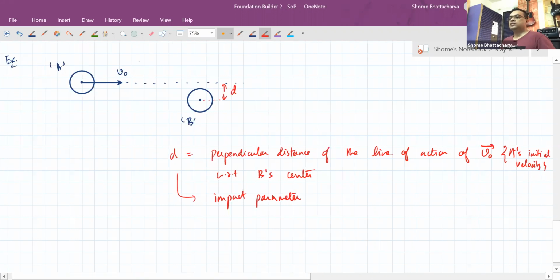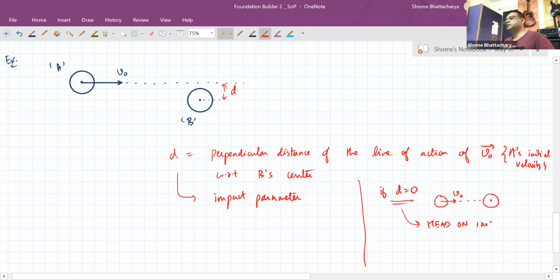So basically you can understand that if the impact parameter is equal to 0, then that would be the case of a perfectly head-on collision. D equal to 0 implies head-on impact.